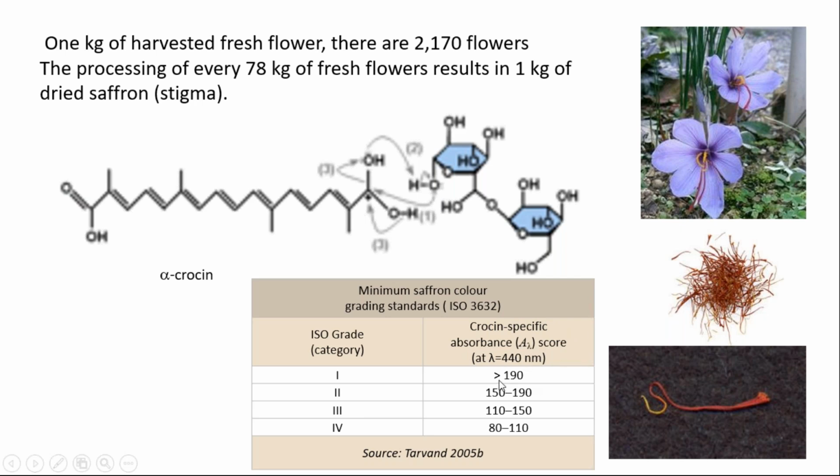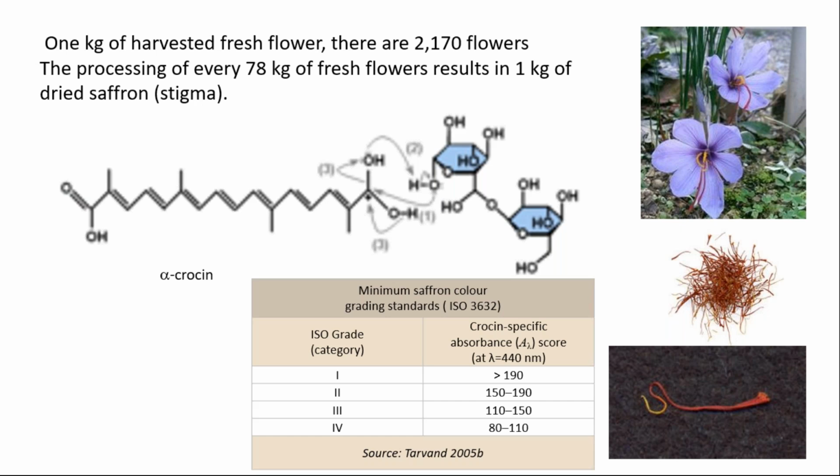If it is greater than 190, that is the highest quality, grade 1. If it is between 150 and 190, it is grade 2. 110 to 150 is grade 3, and 80 to 110 is grade 4. So saffron is very expensive because of that.